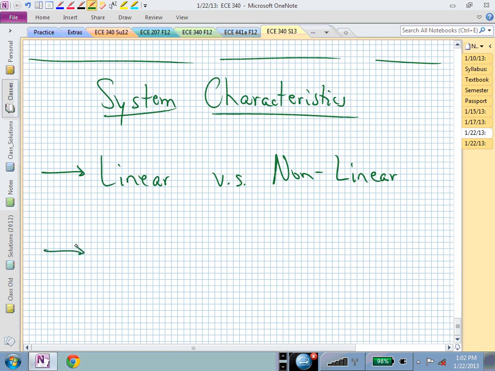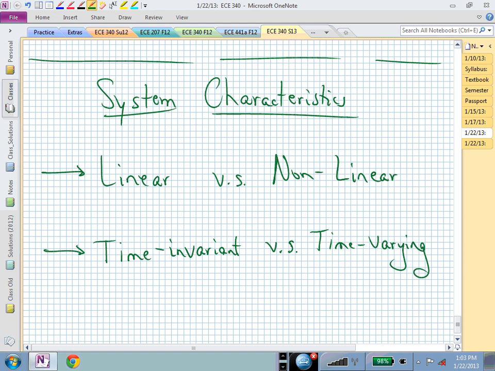We also want to be able to identify time invariant versus time varying. Are my R's, L's, and C's constant with respect to time, or maybe the resistor changes with time, or age, or temperature?